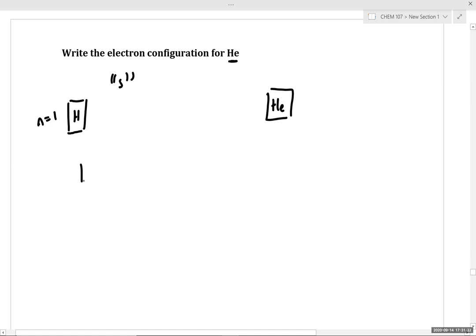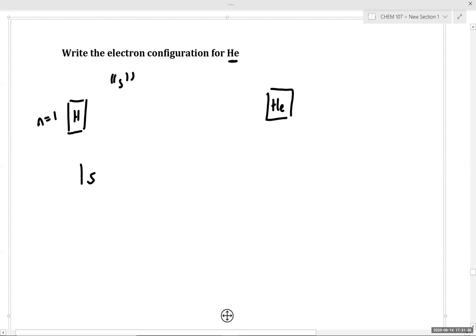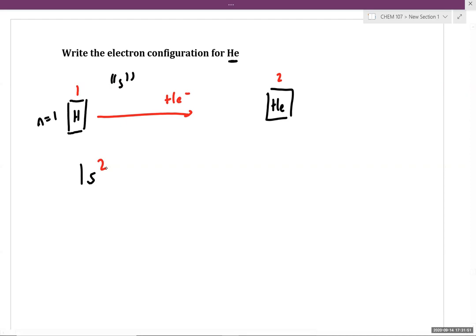So I write out my 1s orbital, and now all I have to do is count the number of spaces. So I have 1, 2 spaces in the S block. So I have 2 electrons in my 1s orbital.